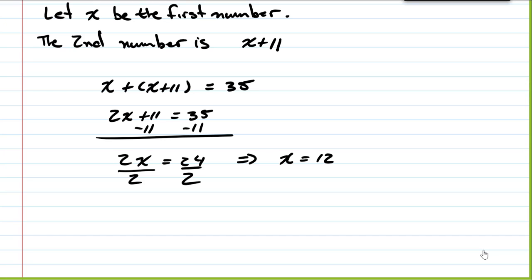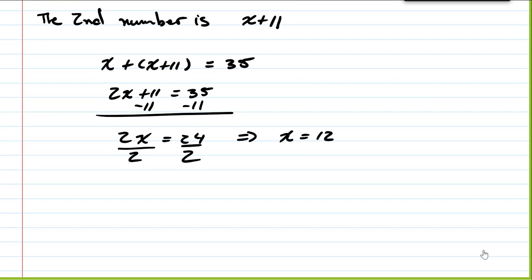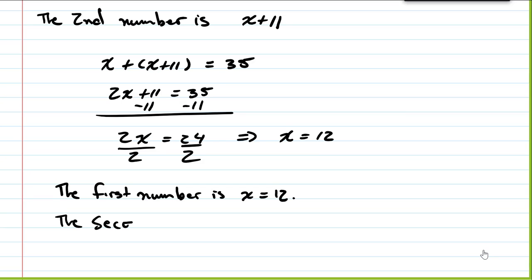So our first number is x equals 12. And then the second number would be, well, it's x plus 11.